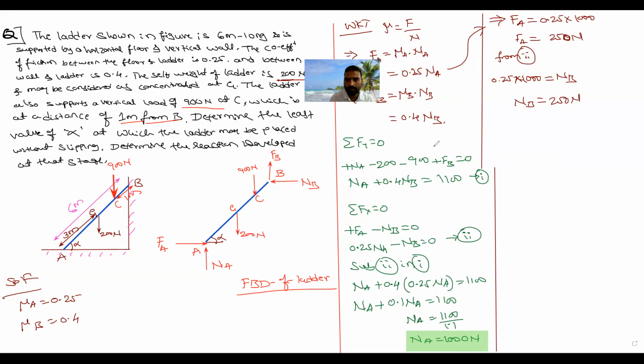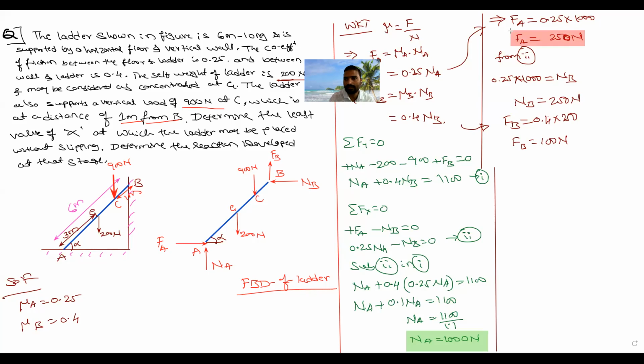Then if you know NB, again substitute in this equation: FB is equal to 0.4 into 250. So FB is equal to 100 Newton. It means I found all the values of the reactions.